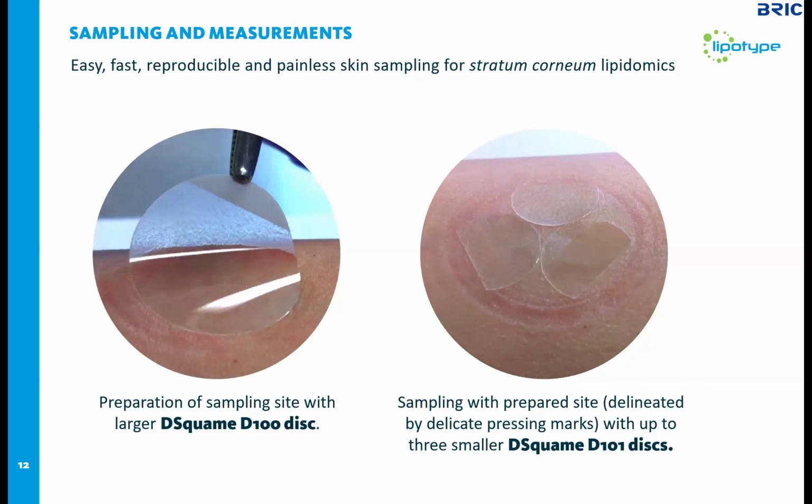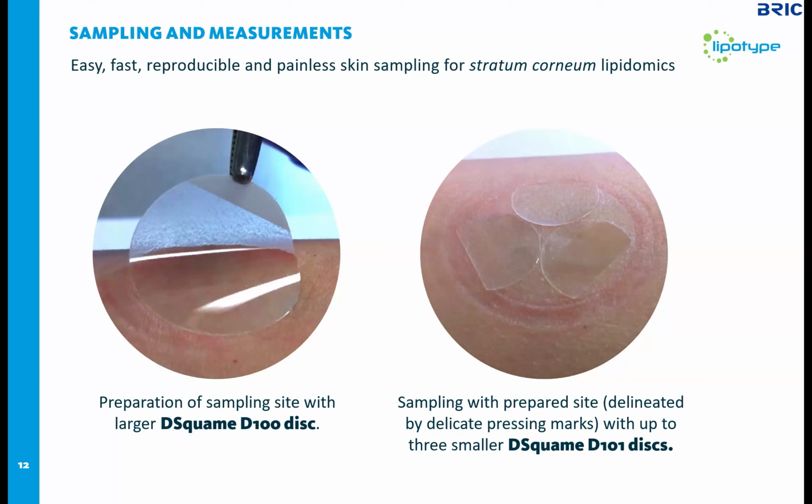So how can we actually measure skin lipids in the skin of humans? How do we approach this question, this topic in clinical studies? So the sampling per se is quite simple. It's a very easy and reproducible technique, which is also painless for the subject.